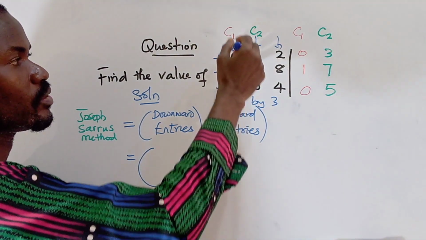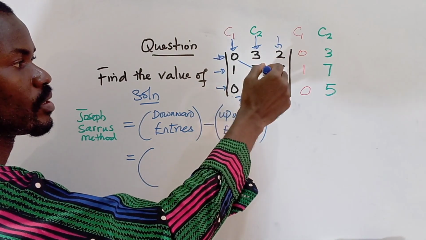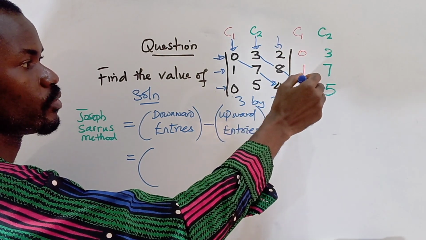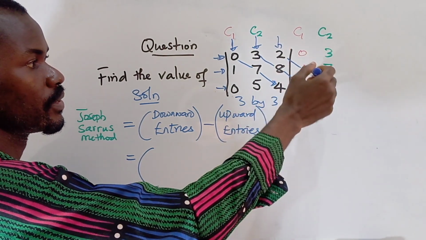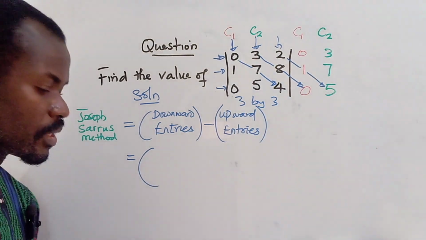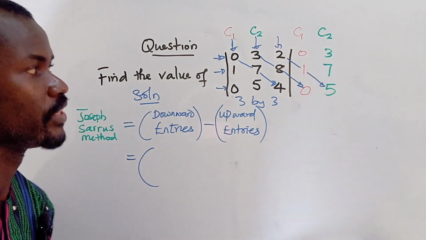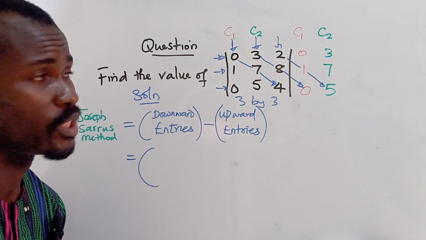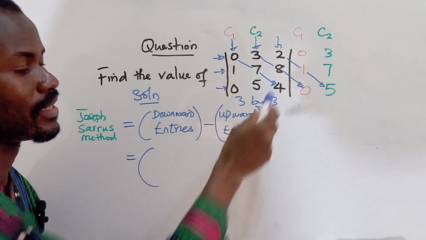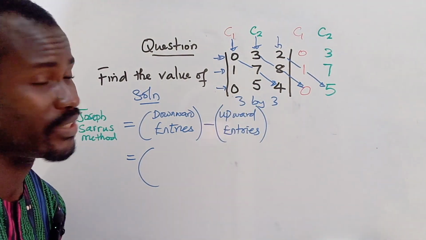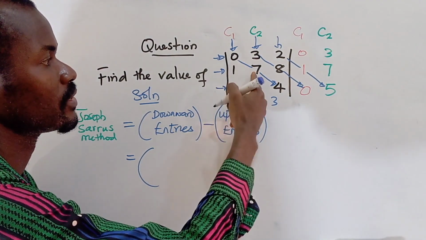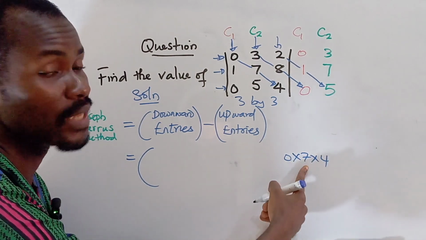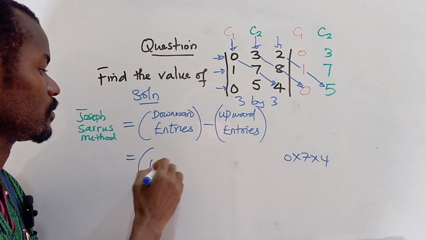Now for downward, we are going to start with this. So we're coming this way. You have to move 3 times. That gives us our downward entries diagonally, 1, 2, 3. All we need to do is multiply the 3 numbers connected by the arrows. So we have 0 times 7 times 4. 0 times 7 is 0, times 4 is 0.